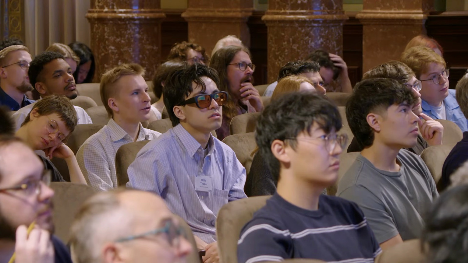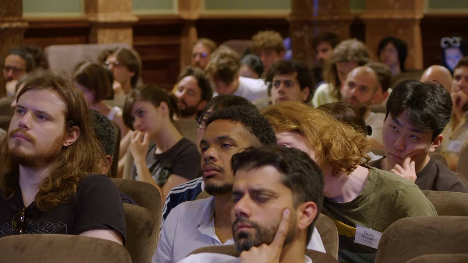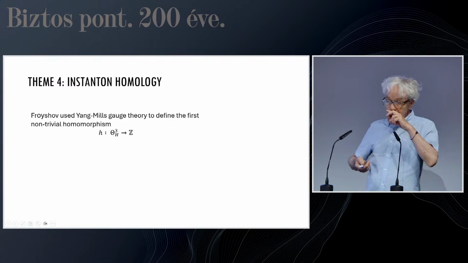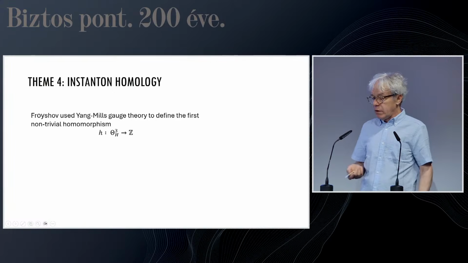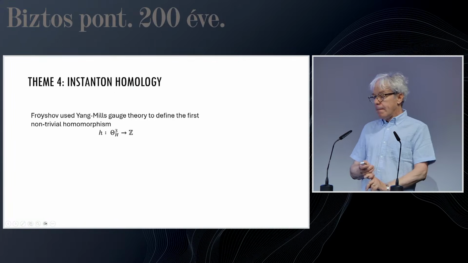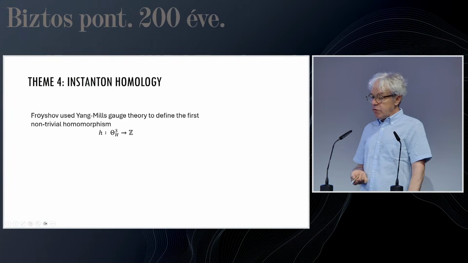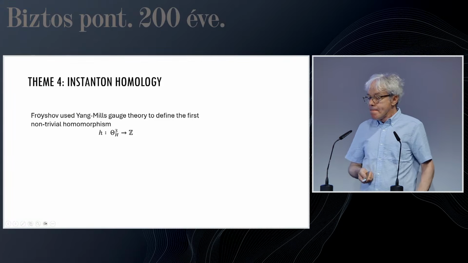Kim Frøyshov used the Yang-Mills invariants to define the first non-trivial homomorphism. But Fintushel and Stern had shown that the homology cobordism group is very non-trivial, but the rational numbers is a rather non-trivial abelian group, which does not admit any non-trivial homomorphism to the integers.